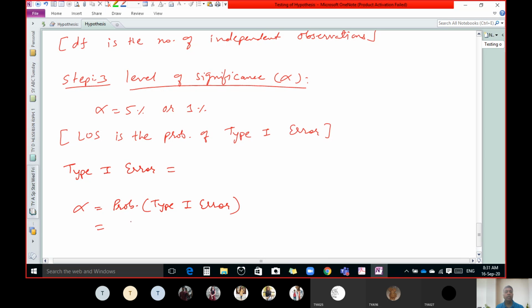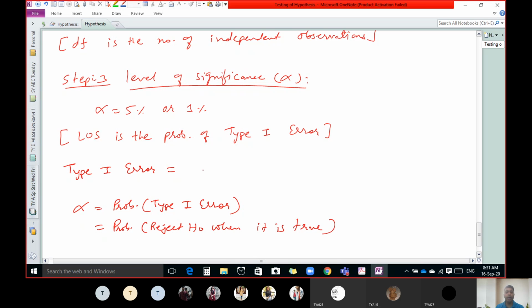What is type 1 error? Does any of you know what type 1 error is? Yes, reject the null hypothesis when it is true. Correct, you are absolutely right.